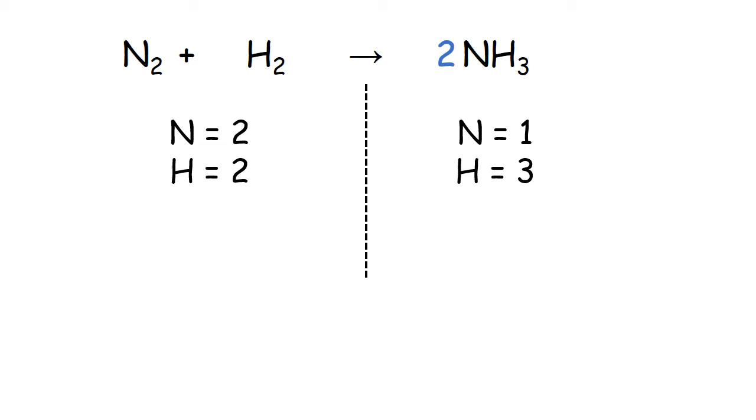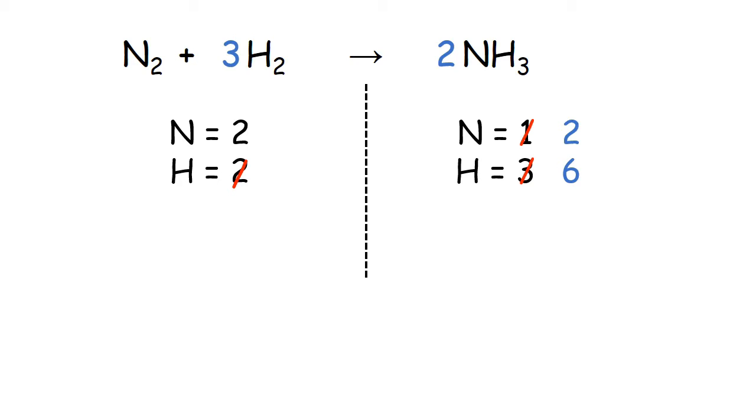Every time you add something to an equation, you have to update your count to make sure you're on the right track. So in this case, now that we have 2 ammonia molecules, we now have 2 nitrogens and 6 hydrogens in the products. Our nitrogens are balanced, but our hydrogens now no longer are. So we have 6 in the products and only 2 in the reactants.